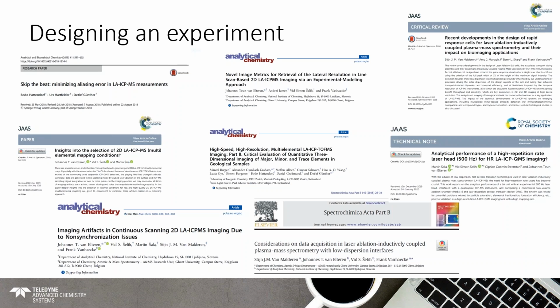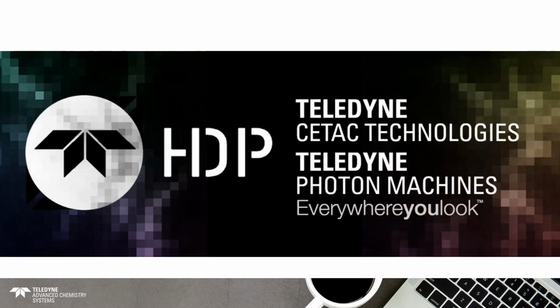It's actually critical, and especially for people or labs working with valuable samples that require non-trivial sample preparation techniques, it's even more important. And I think here is where HDIP, or the Teledyne's software for doing data reduction, comes into play. I'll show you it's not only for data reduction.